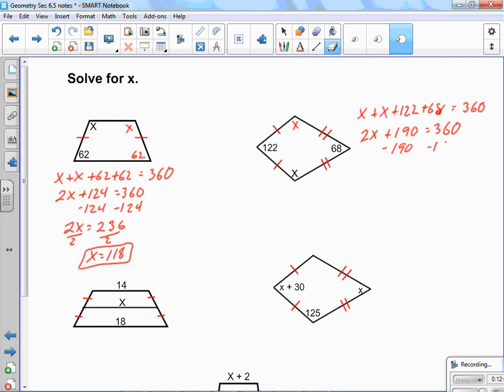Subtract 190 from both sides. So we get 2x equals 170. Divide by 2, and our x is 85. So both of those angles are 85 degrees.